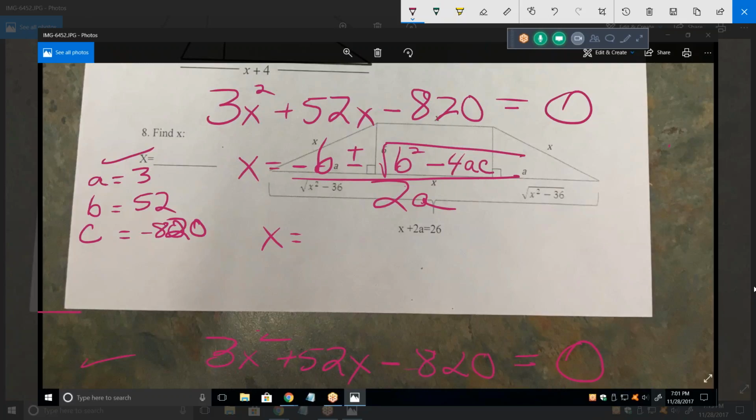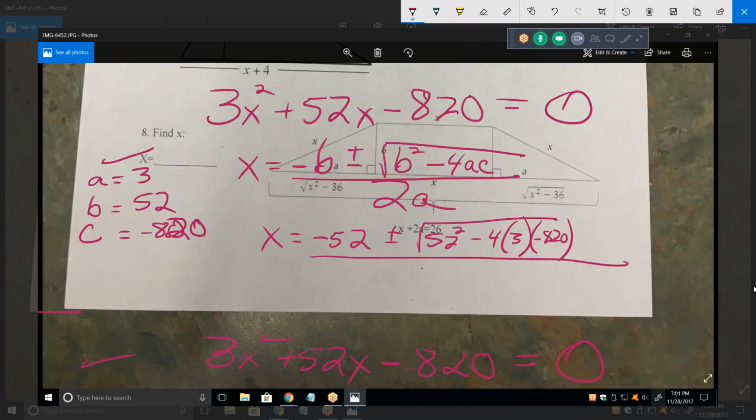Tell me what to write. So negative 52 plus or minus the square root of 52 squared minus 4 times 3 times negative 820, over 2 times 3.